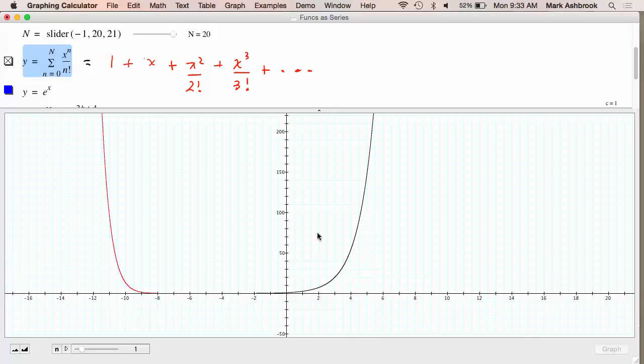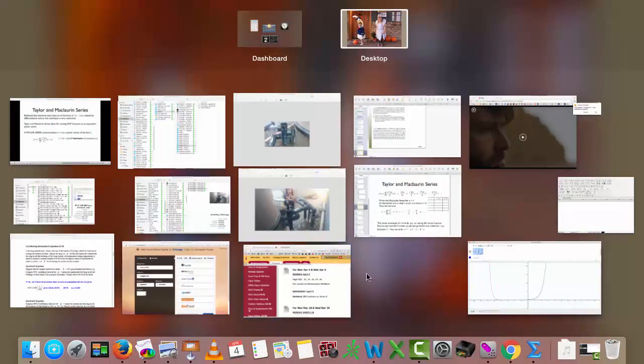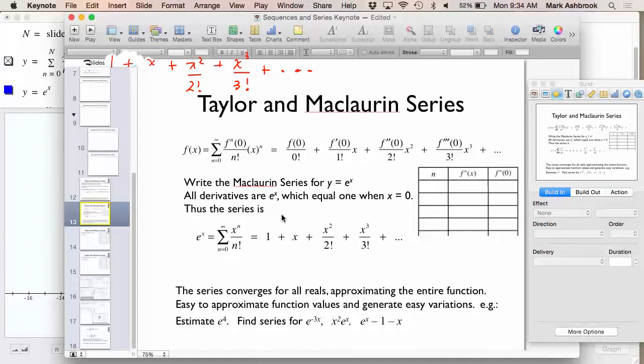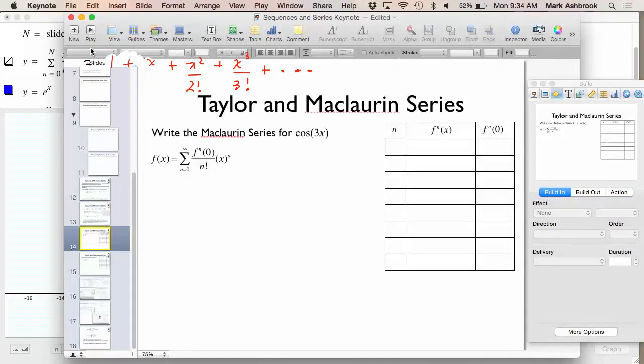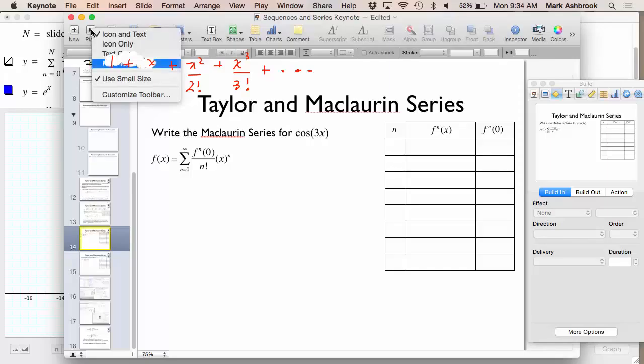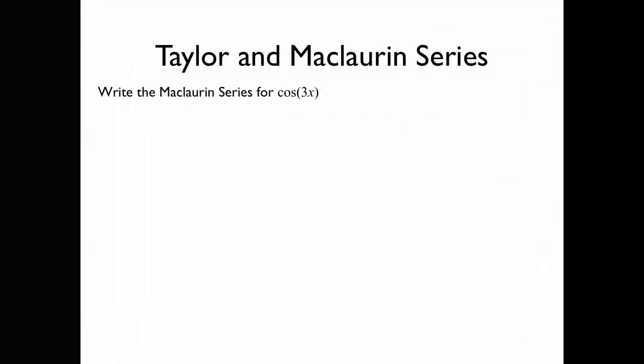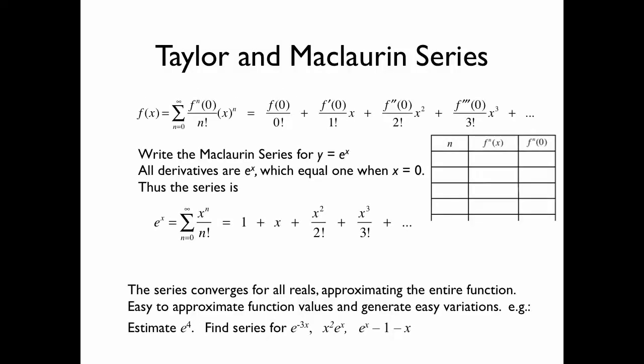Okay, let's try another one. Or let's talk about something related to that. One thing this is helpful for is that polynomials are nice to work with. They're very convenient functions to work with.